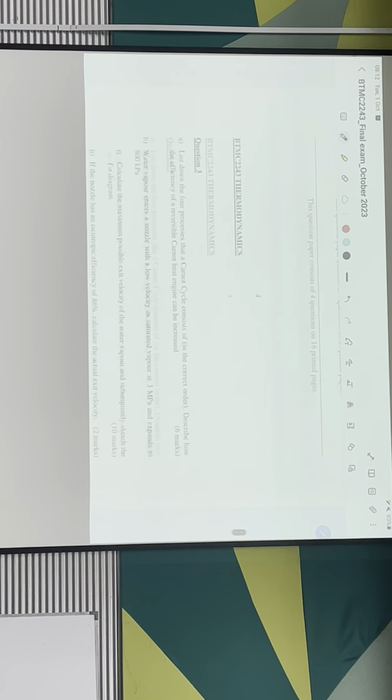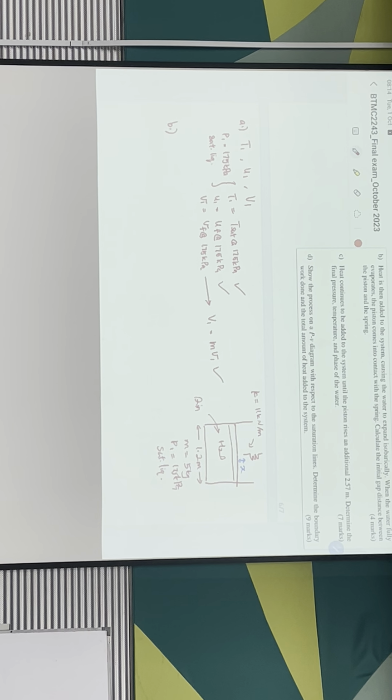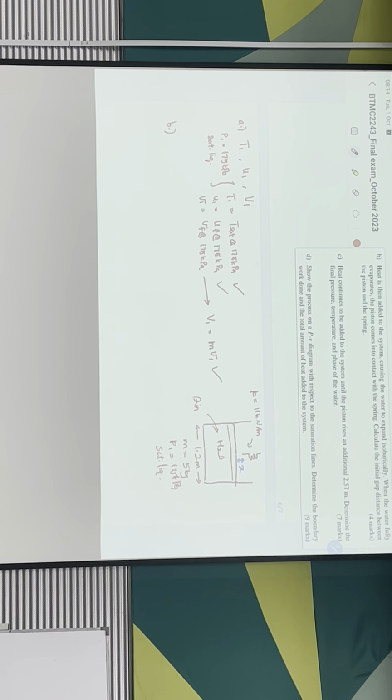So what you need to find out here is the volume change, or actually to be fair, you don't really need the volume change. Do you need it? Let me see. Yeah, technically speaking, you don't fully need it, but you still need the volume 2 for later questions, so we'll just find that.